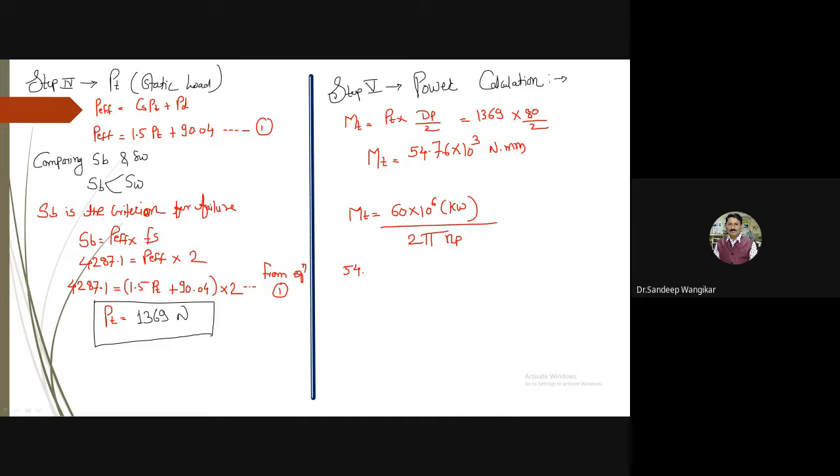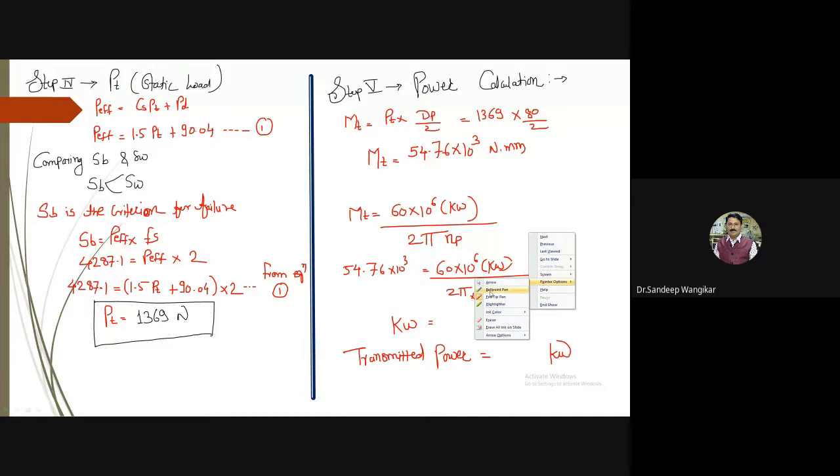So I will write here 54.76 into 10 raised to 3 is equal to 60 into 10 raised to 6 into kilowatt divided by 2 pi, and n is nothing but 500. So only unknown is kilowatt, and you can write here transmitted power, or the power the gear can transmit, is equal to, this is your final answer. 2.867.